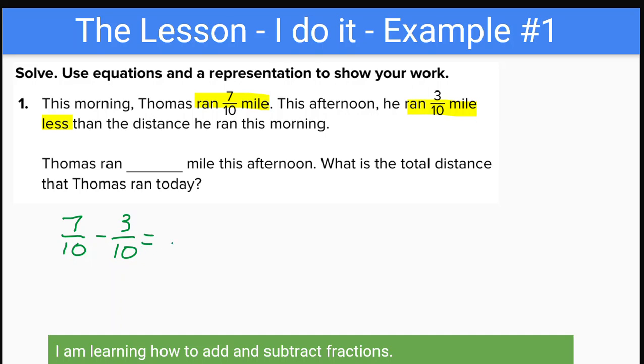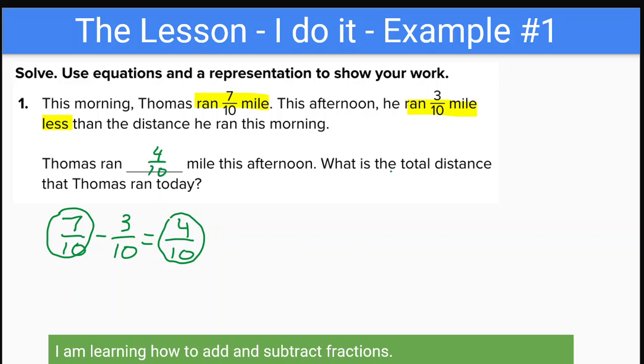We know it's going to be tenths. 7/10 take away 3/10 leaves you with 4/10. So the morning was 7/10, and the afternoon was 3/10 less, so that means the afternoon was 4/10. Tom ran 4/10 of a mile this afternoon.